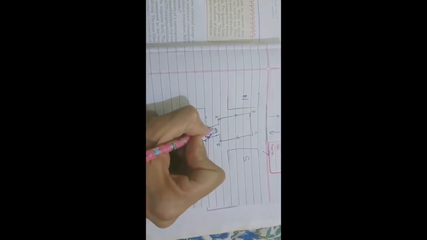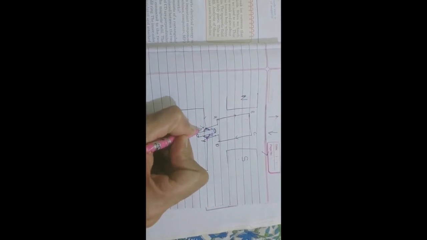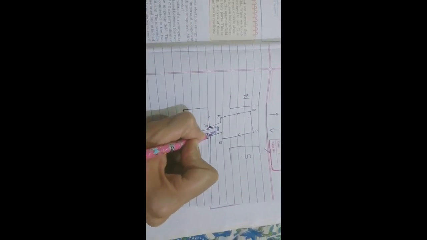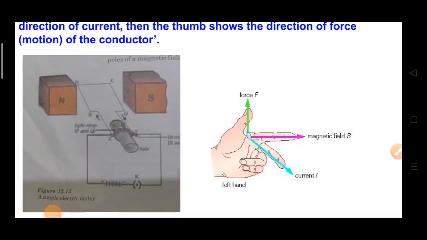The external edges of P and Q are attached to brushes X and Y, and these are stationary. You will understand the working of this motor in your NCERT book.